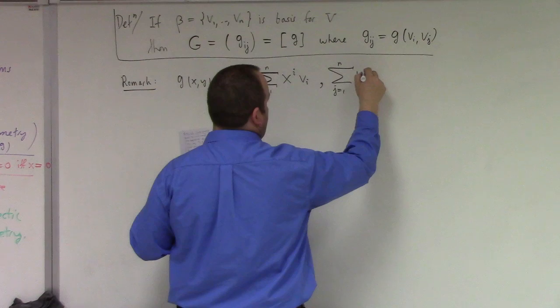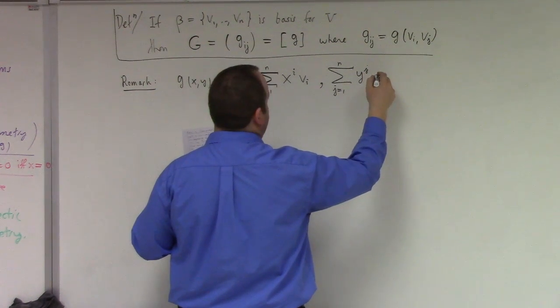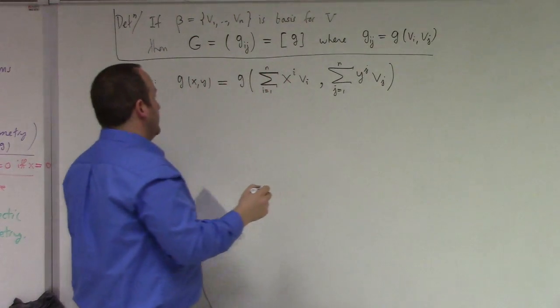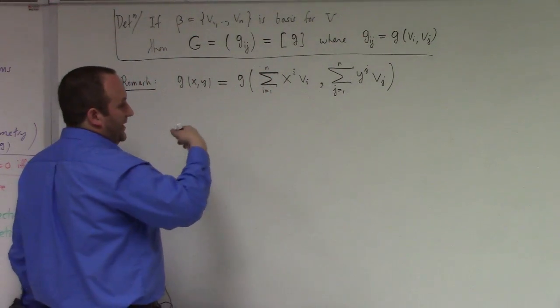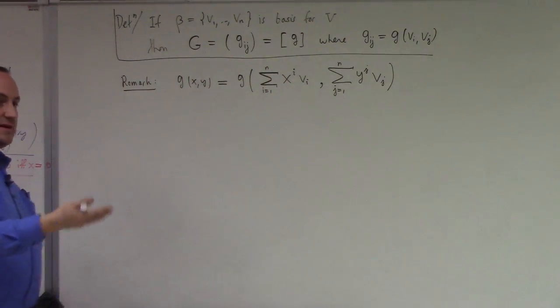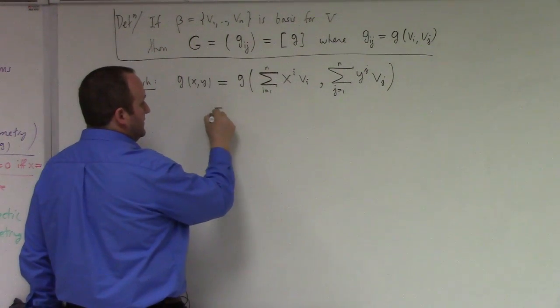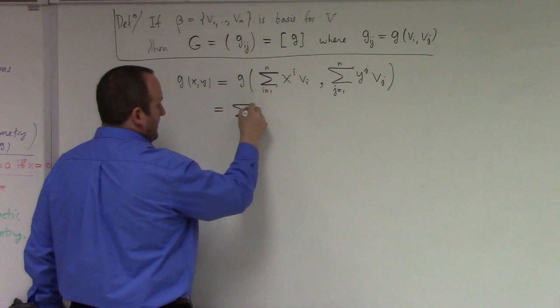So we're using a contravariant index for y's coordinate, and v lower j. Okay, so by bilinearity of G, I can pull the sums out and I can pull the constants out, and what I'm left with is the following.